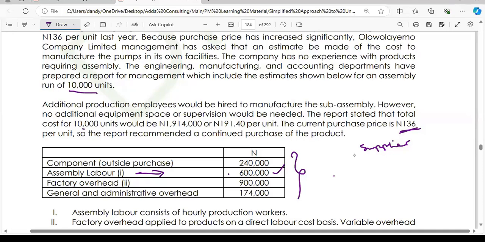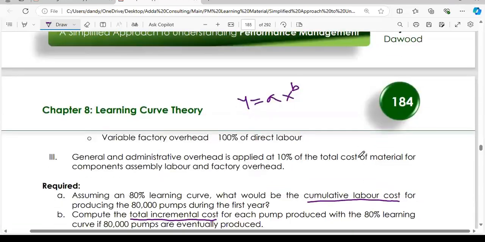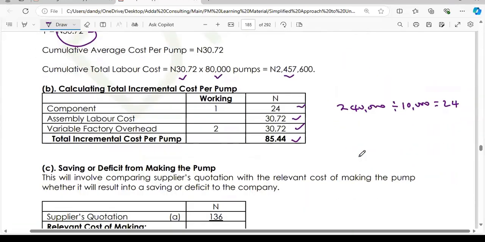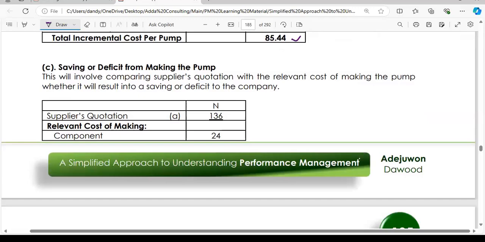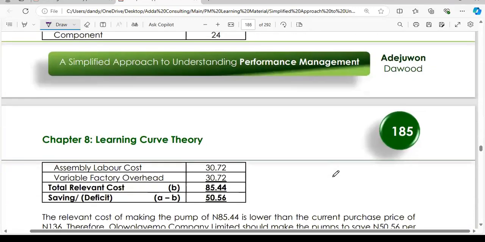Relevant cost of making the pump of 80,000 pumps is equal to 85.44. So that's what examiner is asking you. Supplier's quotation is 136. Relevant cost of making it is 85.44. There is a saving of 15 naira 56 kobo.